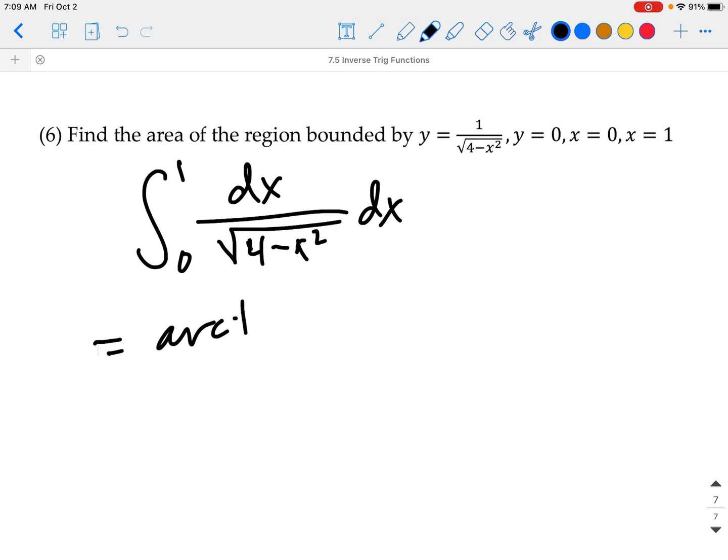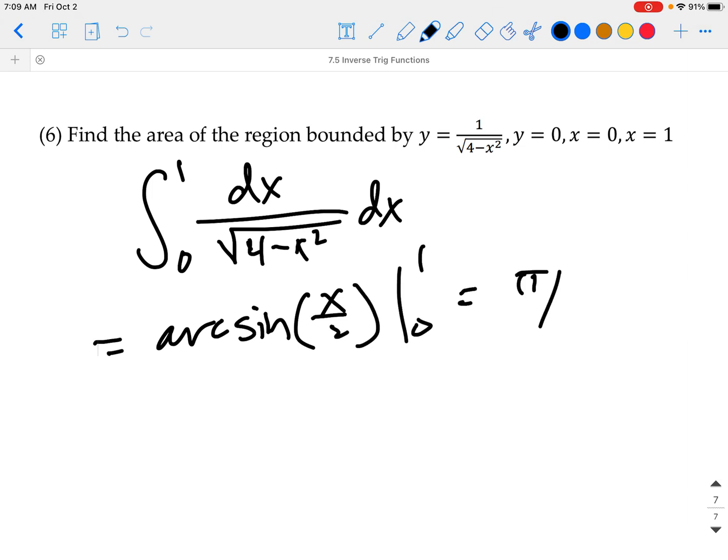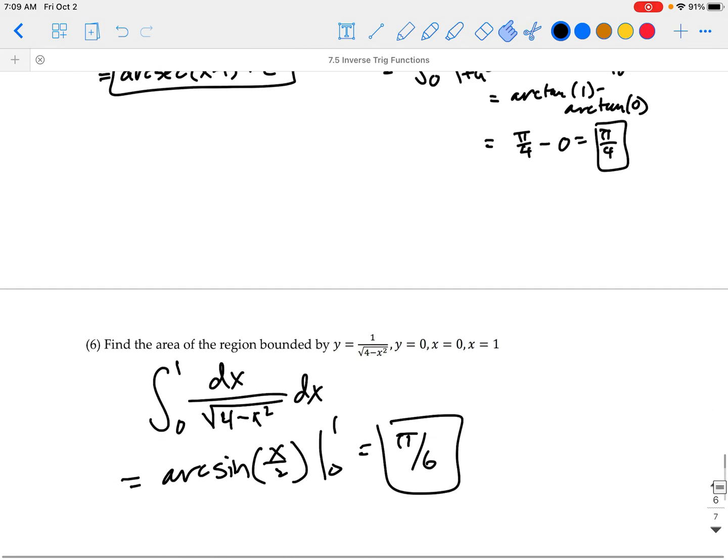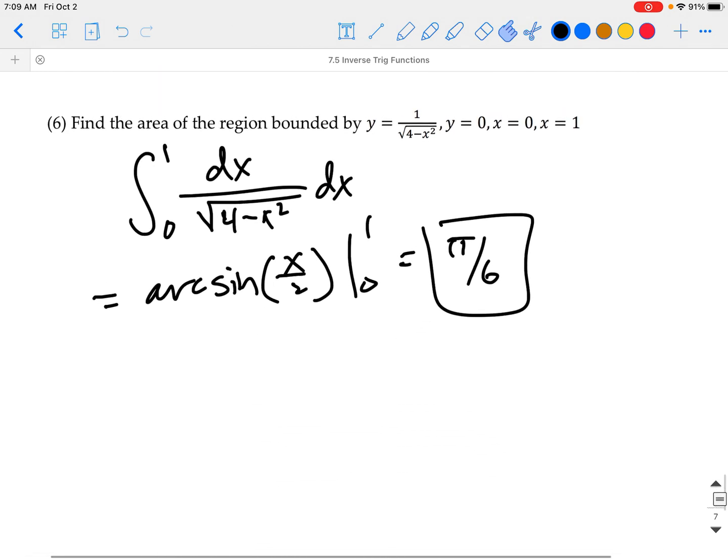So we'll get arcsine of x over 2 from 0 to 1, which is the same thing as what we got on the previous example, I think. Arcsine x over 2, yeah. So again, same example for that function.